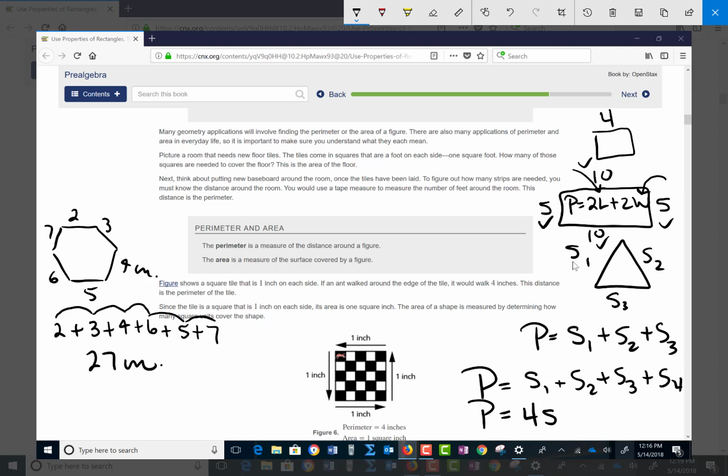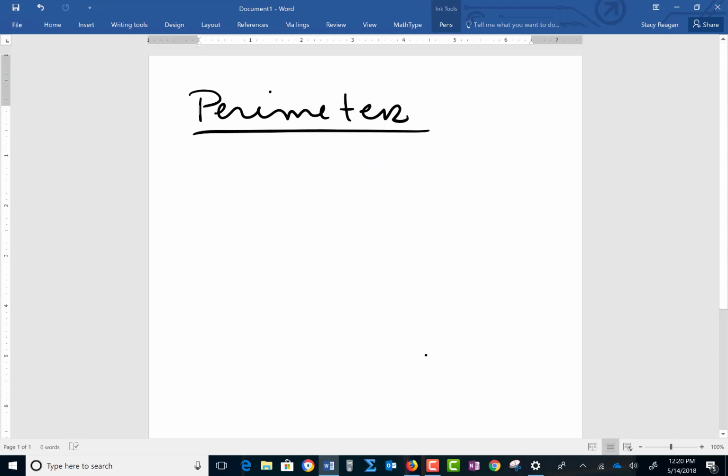And what I would do is I would take a piece of paper. Let me just pause the video for a minute. I would take a sheet of paper and I would label it, and I would put perimeter, and I would draw a picture of each shape that we're talking about, and I would put my formula. So there's your formula for the square.